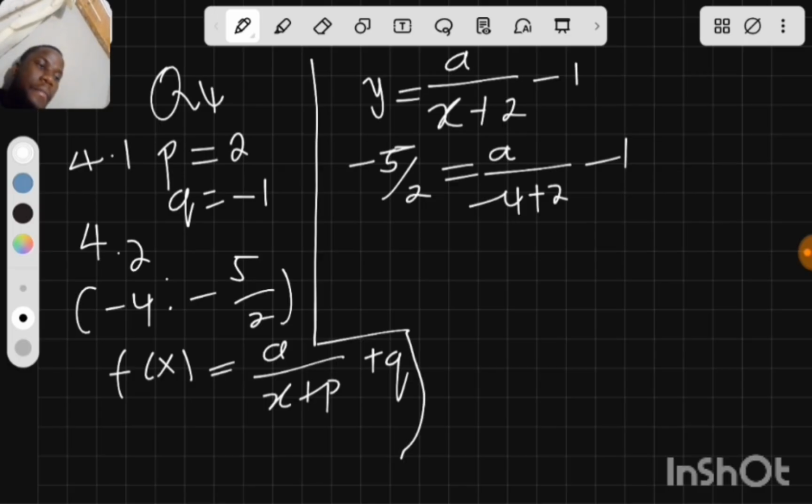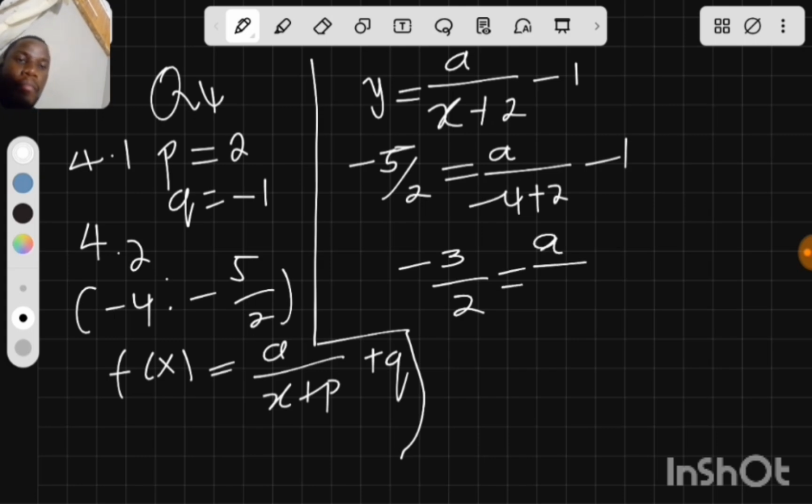We have minus 5 over 2 plus 1, which is minus 3 over 2, equal to A over minus 2.